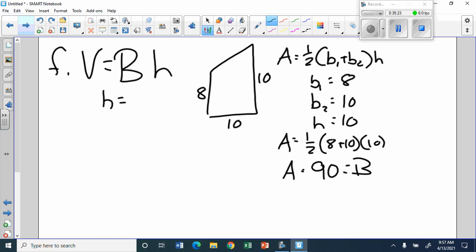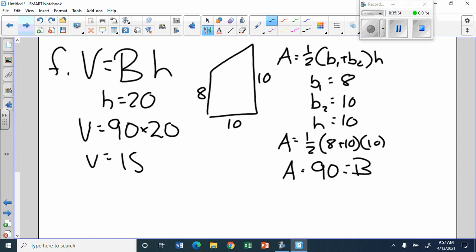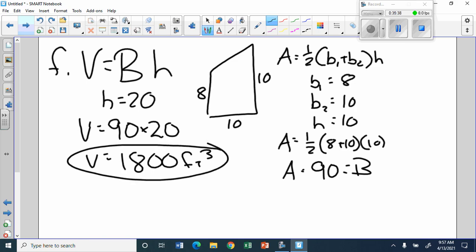How many layers? 20. 20 feet worth. Volume equals 1,800 feet cubed. That is an approximation. Make sense?